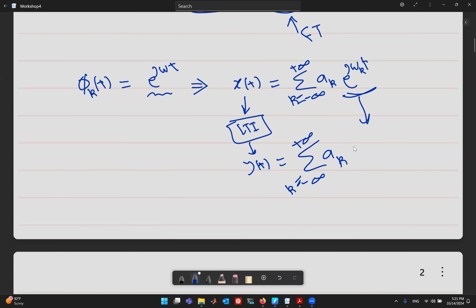Let's call this constant lambda k, and then the same function. You can see how writing the signal in this form makes it easy to find the output, because the output of each eigenfunction is the same, just scaled by some constant, and then a linear combination.